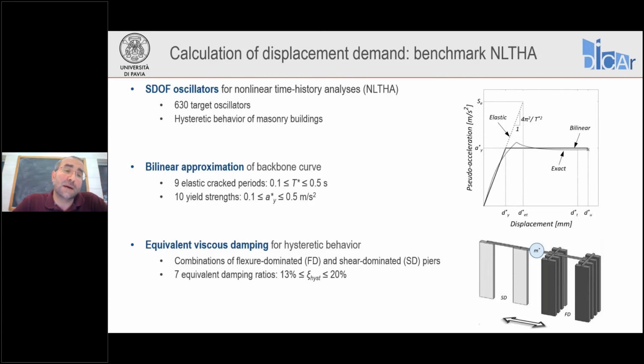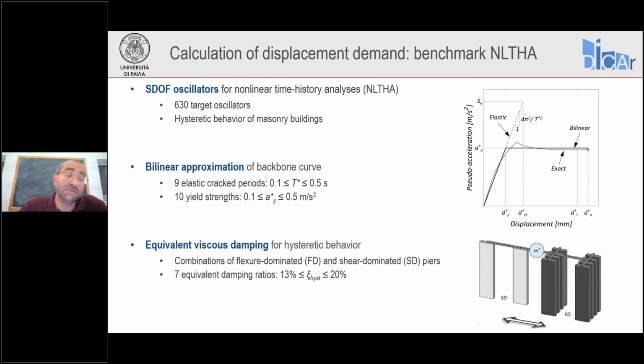We basically ended up with 630 target oscillators by changing the elastic period of the bilinear relationship between 0.1 and 0.5 seconds. This is our T star, the elastic period associated with the elastic branch of the bilinear relationship. We targeted 10 different values of A star Y between 0.1 and 0.5 meter per second square.